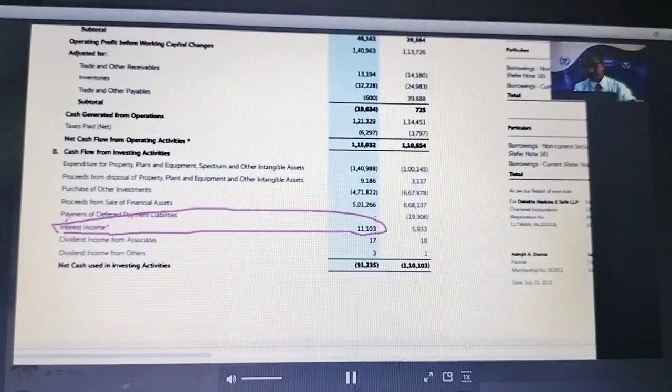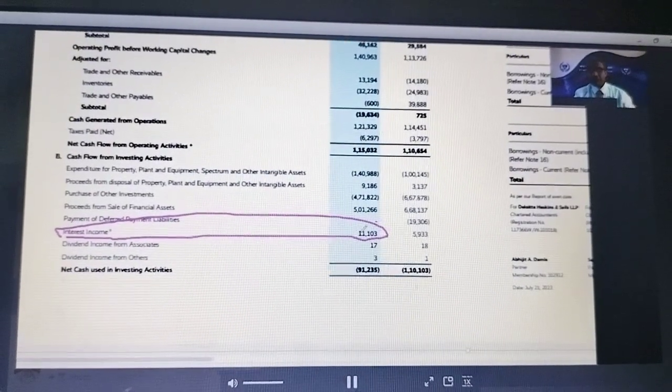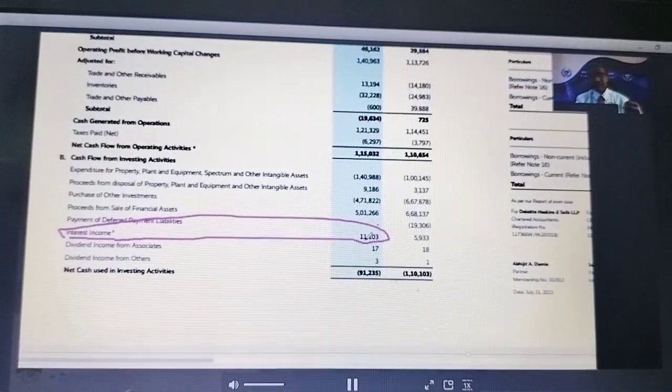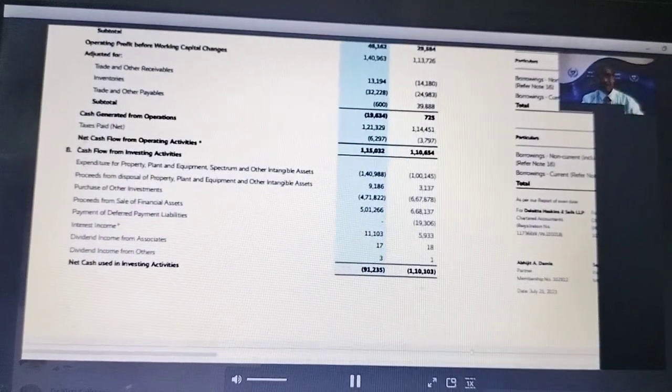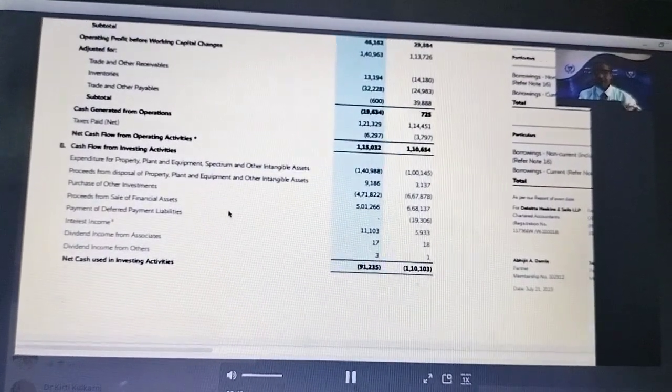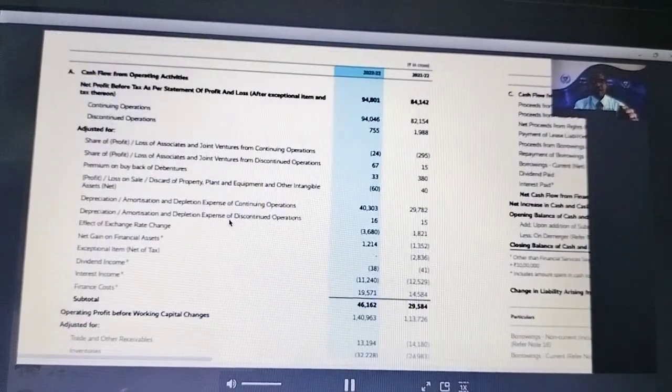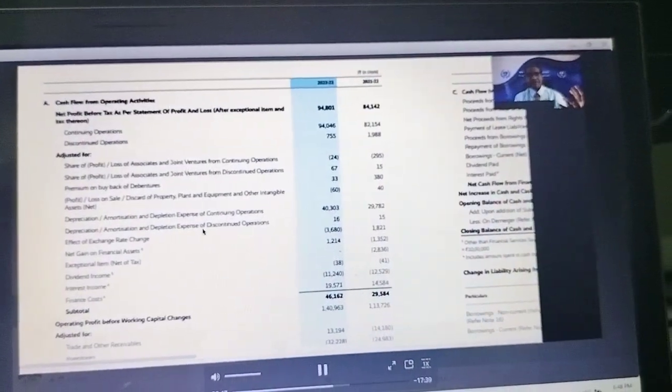It might be in the form of bank FDs or government securities. Consider 11,000 crore from interest. So this is the income or expenditure from the investing activity. Now let's go to the operating activity.